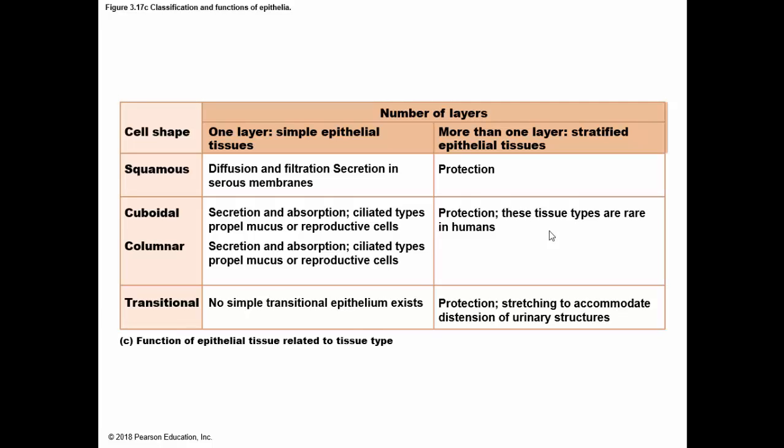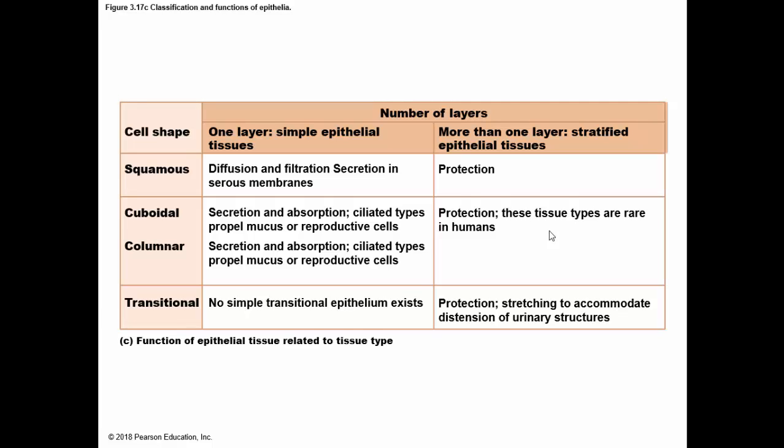And here you can see some of the things that they do, like squamous cells, that one layer squamous at least, are diffusion and filtration, so that you can actually get certain things across these membranes and these layers of tissues, as opposed to other things that might be protected and kept out. If it's stratified, then it's protection.